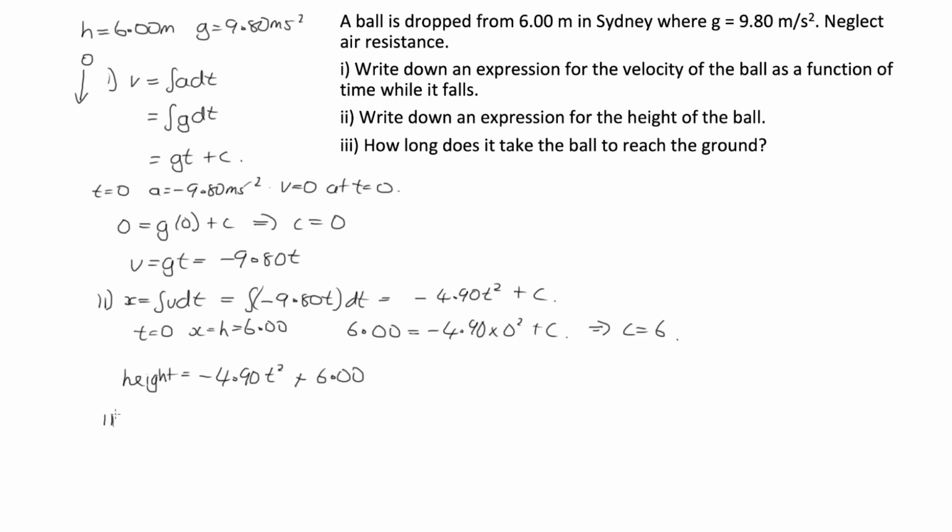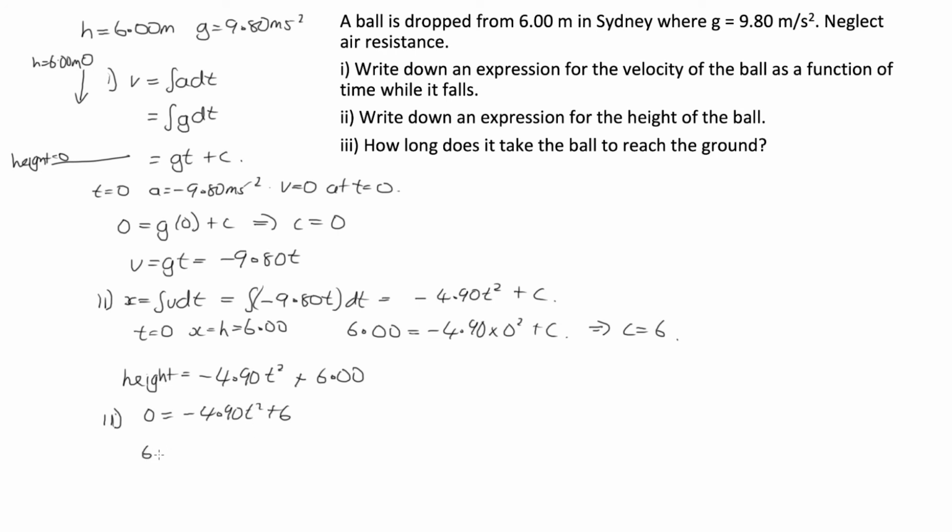Now part 3 asks us how long does it take the ball to reach the ground. So to work that out, it'll reach the ground when the height is 0. So here height equals 0. Up here height is 6 meters. So we just want to set 0 equal to minus 4.90 t squared plus 6 and solve it to get t.